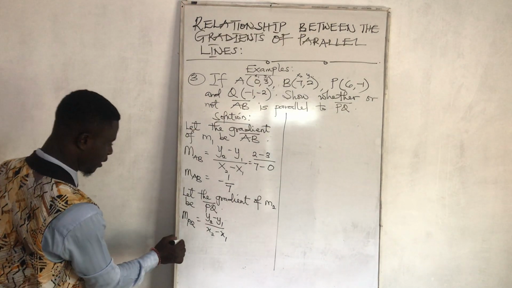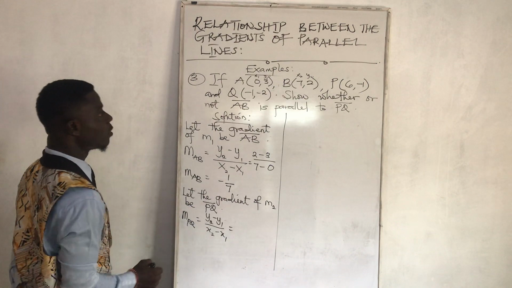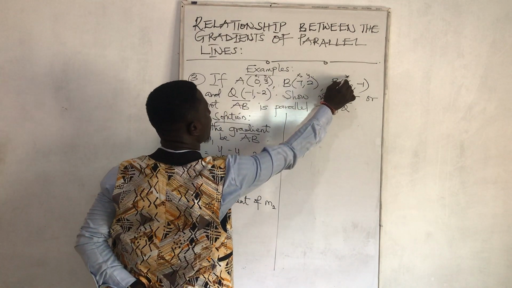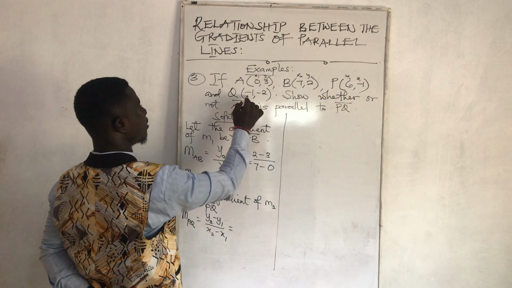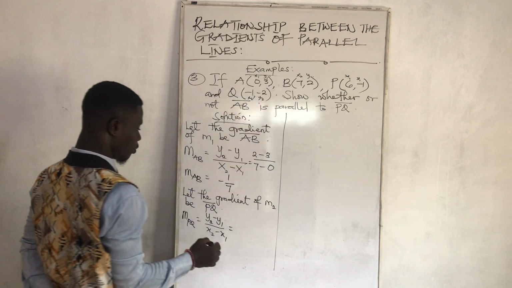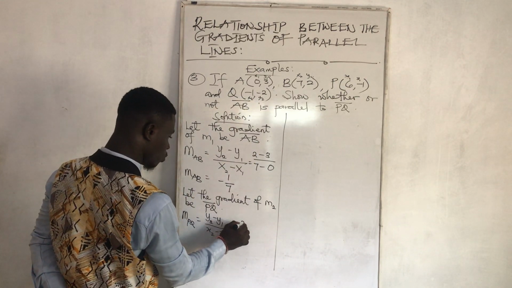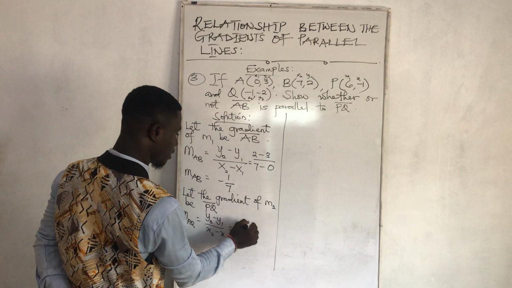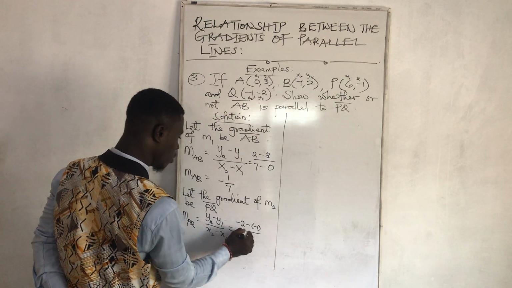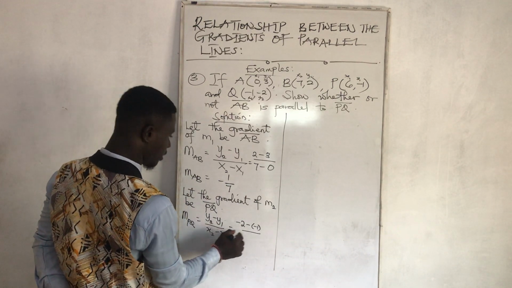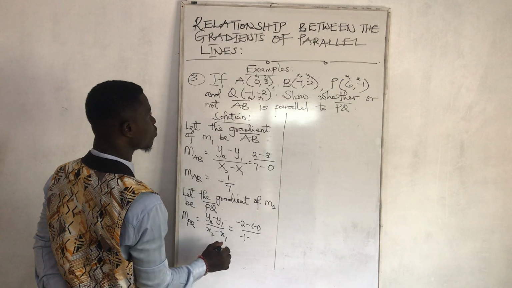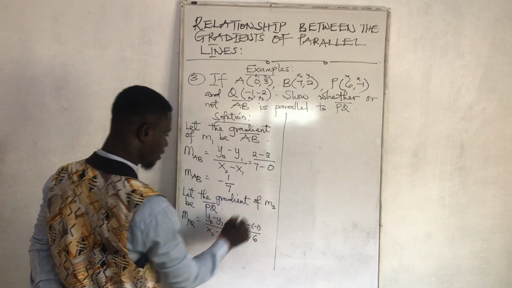So Y2, which is -2, minus Y1, which is -1, all over X2, which is -1, minus X1, which is 6.